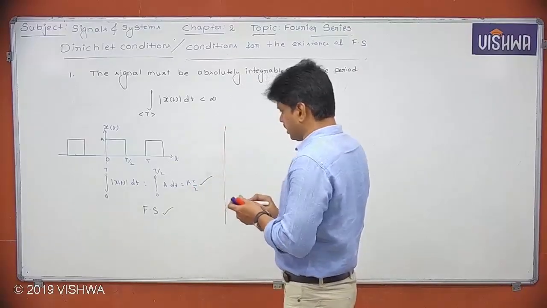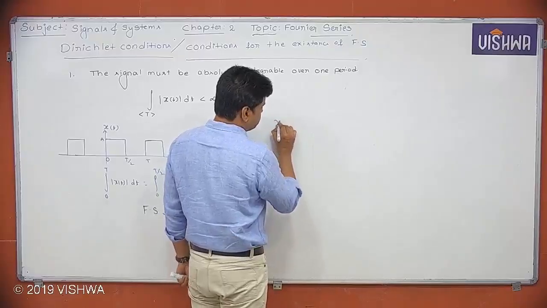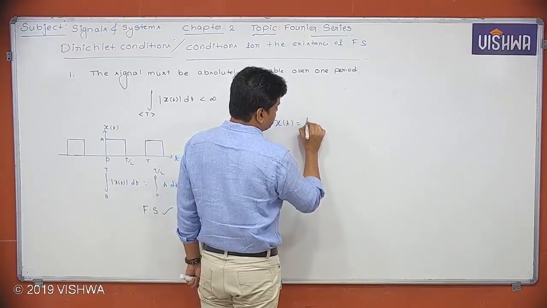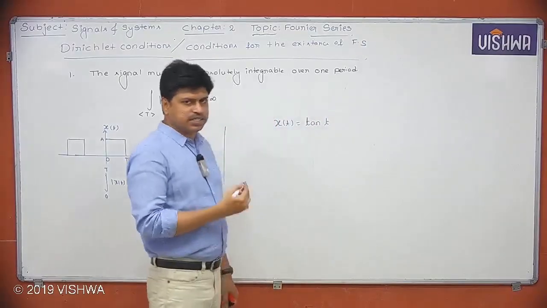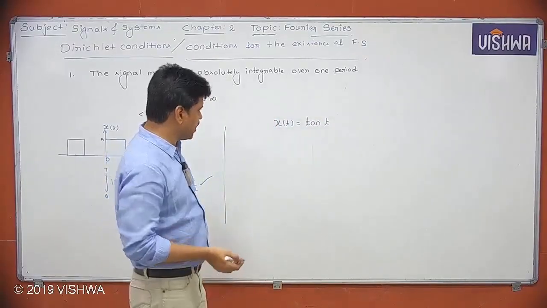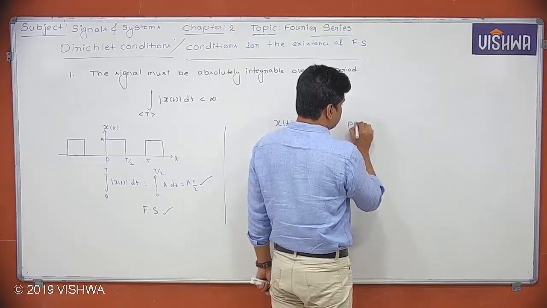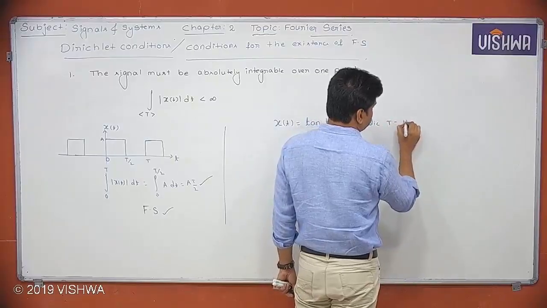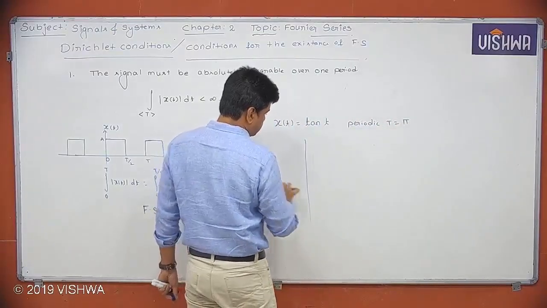Let's take x of t equal to tan t. Tan function. Is it a periodic signal? Definitely it is a periodic signal with a period pi. So let's see how it looks if I draw it.